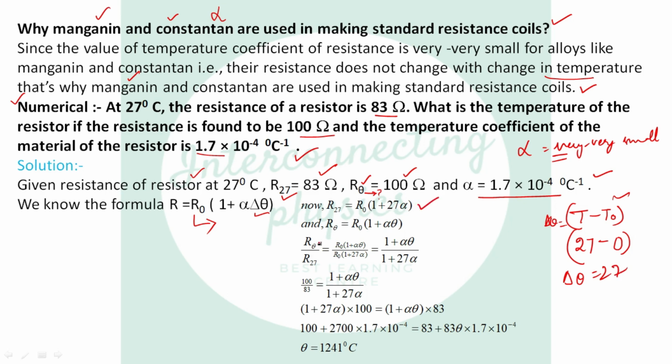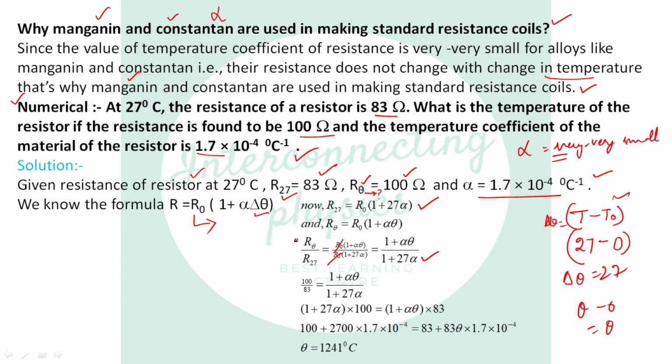And for theta, R theta = R0(1 + alpha theta), because theta minus 0 will be theta. Now let us divide these two equations. R theta divided by R27 is R0(1 + alpha theta) over R0(1 + 27 alpha). R0 cancels out with R0, and the result is (1 + alpha theta) over (1 + 27 alpha).